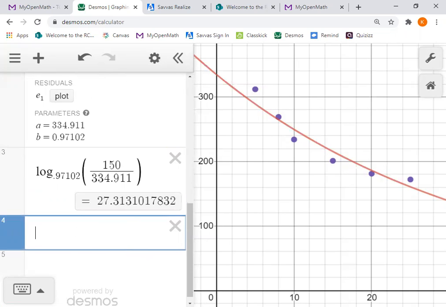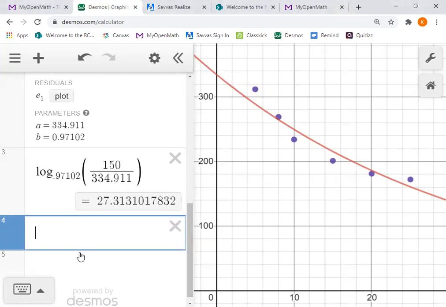Again, if you had wanted to put the y equals on your graph and do this problem just using equations, you certainly could do that.